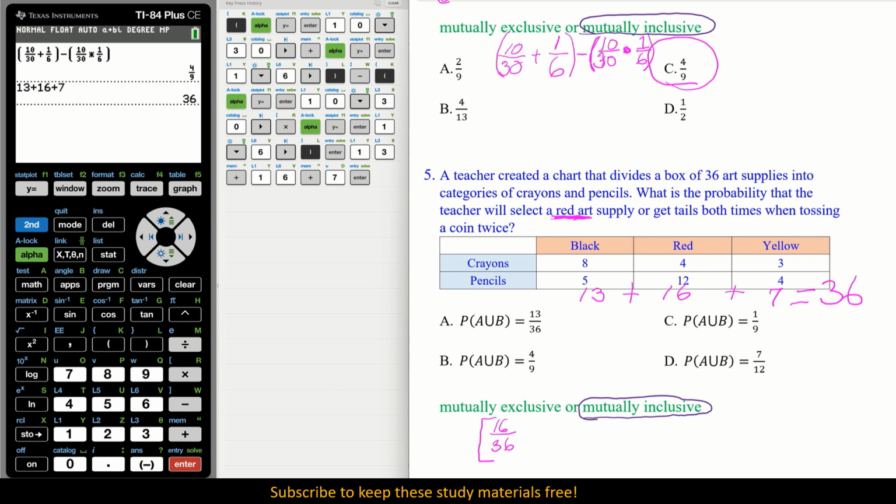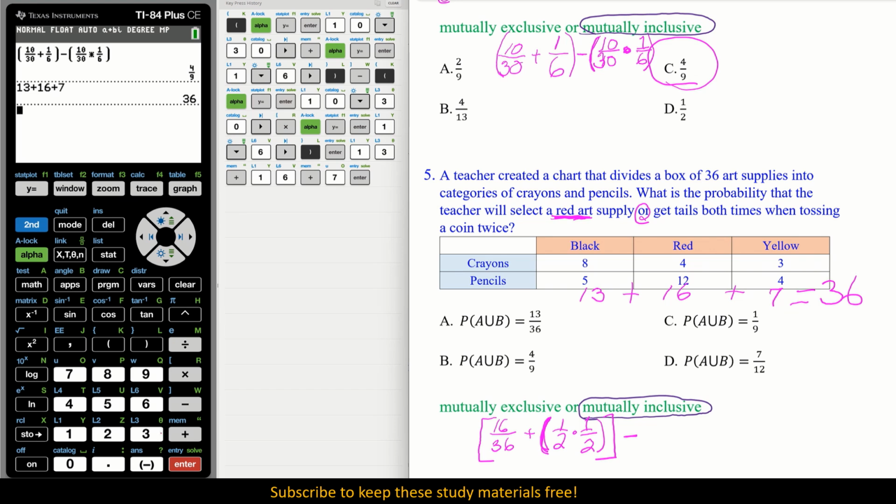Now it says tossing a coin twice. That's why, let's see, or, and I have an or. Now that's why I wanted to use brackets because we're going to do this twice. So that's 1 out of 2 times 1 out of 2. Close your bracket. Now we have to subtract.